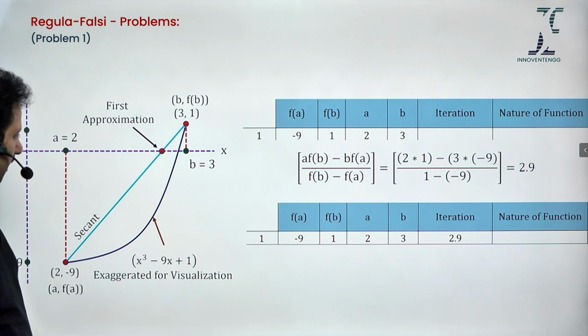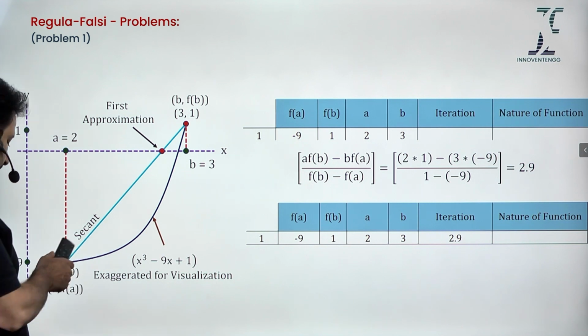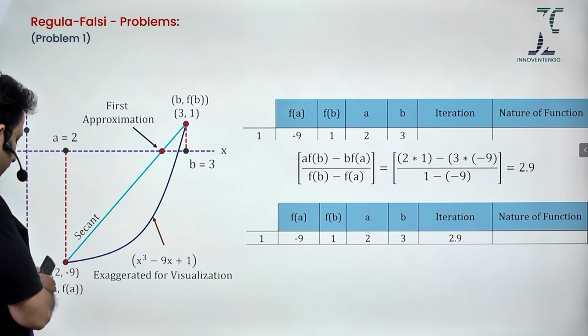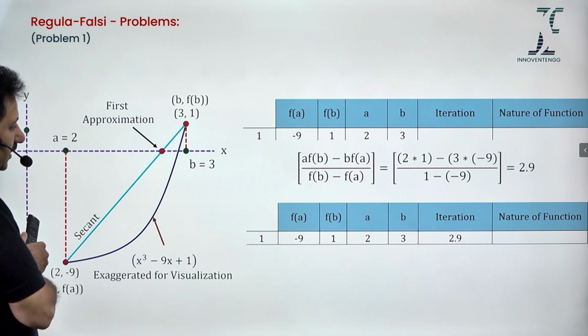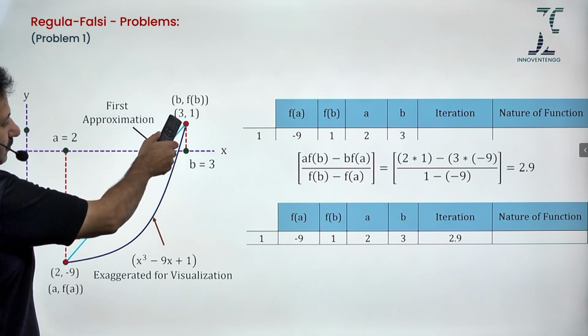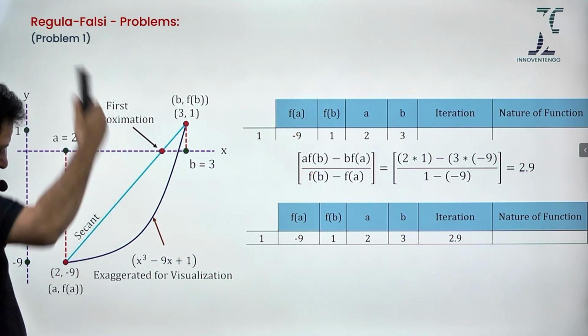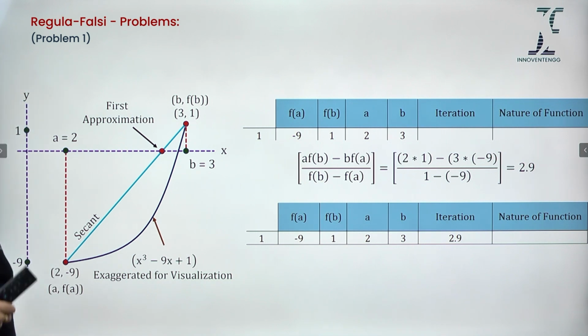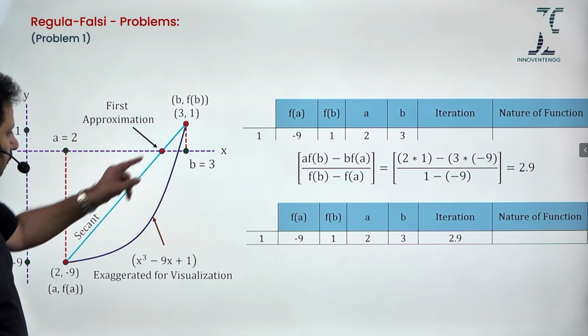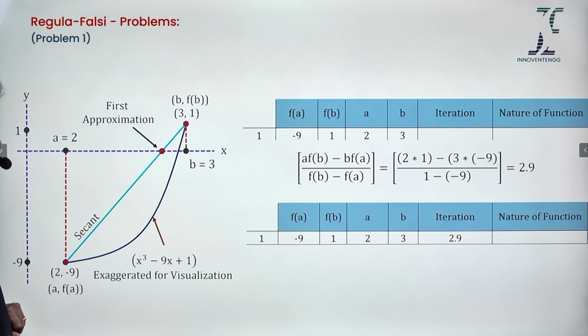Let's look at here. As the procedure is extremely clear to you, first we draw a secant between x equal to 2 and x equal to 3 points. That is when x equal to 3, the value of y is 1, and when x equal to 2, the value of y is minus 9. We are joining those 2 points by a secant.